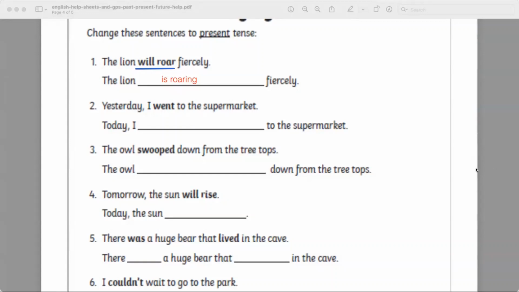Guys, don't mute immediately because I need to make sure you understand. The lion is roaring fiercely. The lion roars fiercely.